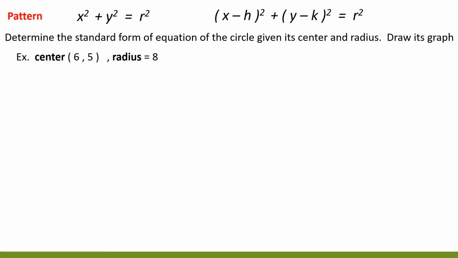Now, paano natin i-graph itong given center (6, 5) and radius 8? At first, gawa tayo ng Cartesian plane. X-axis, y-axis. Then, bilang tayo, since the center is at (6, 5), pwede tayong magbilang ng 6 to the right. 1, 2, 3, 4, 5, 6.